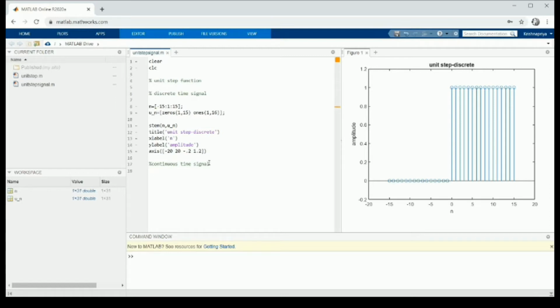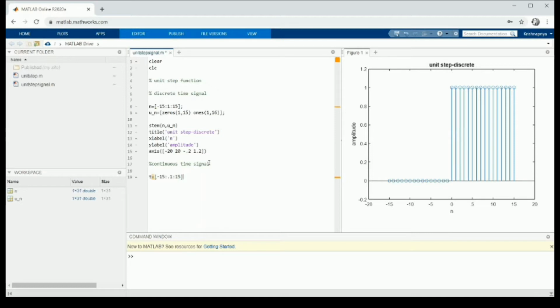So here I'm giving the time interval with very small spacing between the two time instants so that we can obtain like a continuous signal. So here I'm taking the variable t which have the values from minus 15 to 15 with a small spacing between the instants. So I'm giving within the square brackets my starting point minus 15, and I'm giving a very small spacing that is of 0.1 and my final value 15.